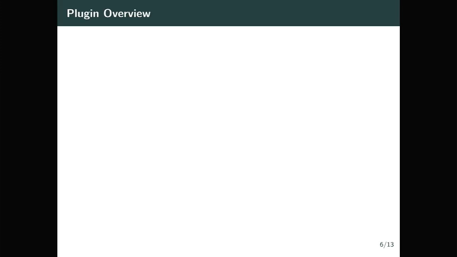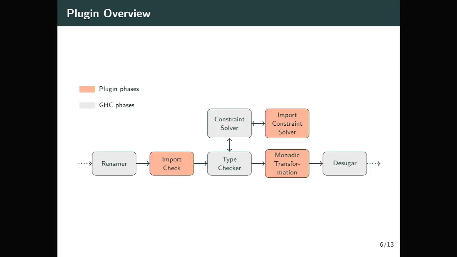So how does this plugin work? To be honest, it's not only one plugin, it's a composition of 3 sub-plugins. We see here that we have the monadic transformation that implements basically what you've seen before. So that's just the transformation of some embedded module into the monadic module.